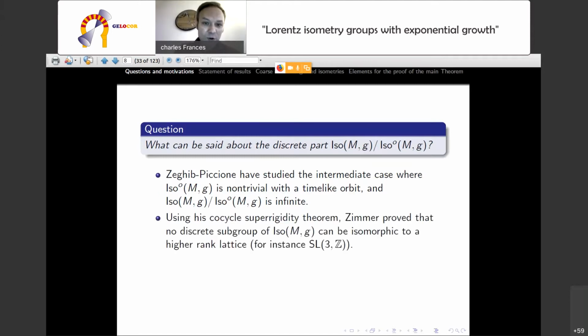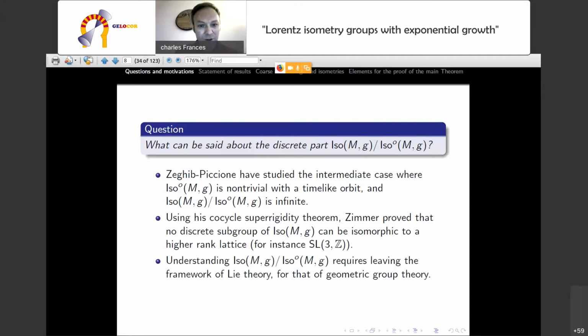For discrete groups, the only result I am aware of is a result of Zimmer. So using his so-called cocycle superrigidity, Zimmer proves that you can't have a discrete subgroup of the isometry group isomorphic to a higher rank lattice. For instance, you won't find SL3Z in the isometry group, at least as a discrete subgroup.